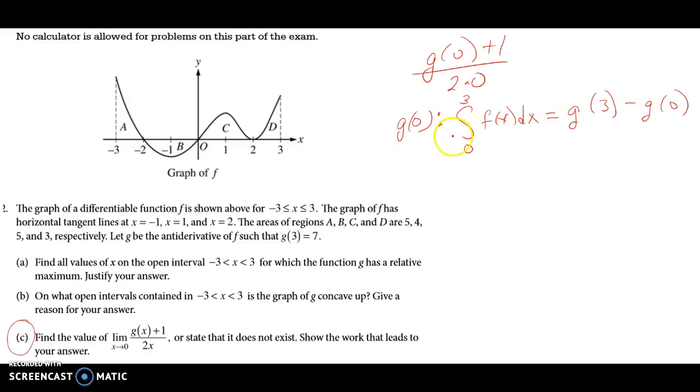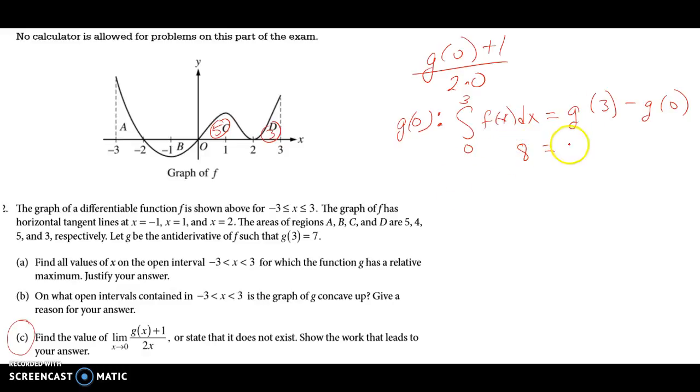So this expression on the left, we need to realize that that represents the area under f of x from 0 to 3. We were given information about the areas. So this was 5, and under D was 3. So that allows us to replace this expression with the value 8.